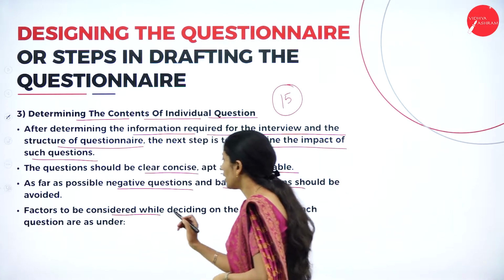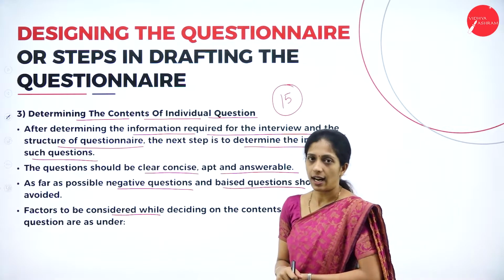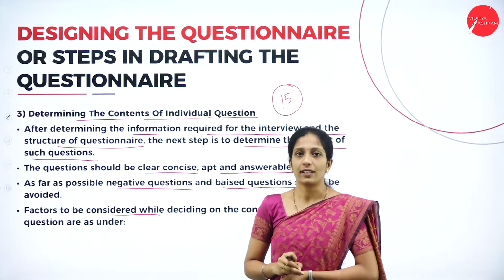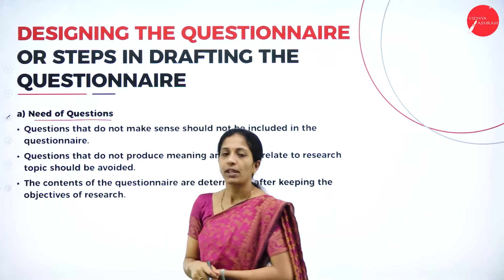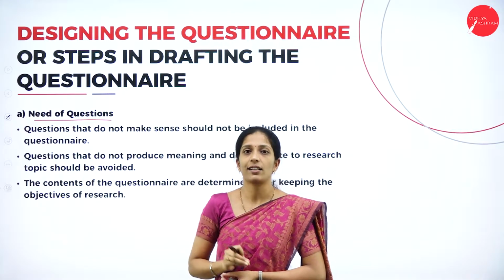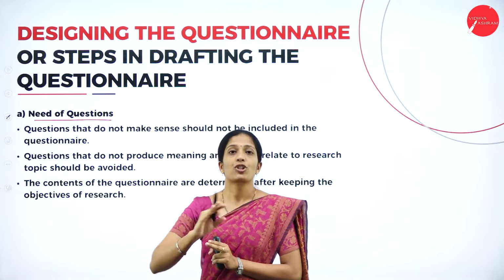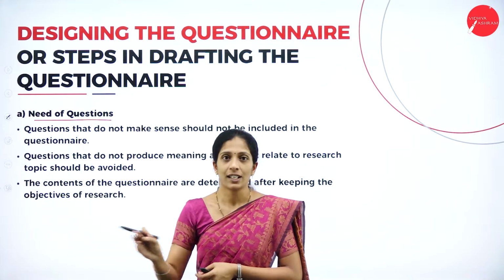Factors to be considered while deciding on the contents of each question are as under. Let us see what contents have to be included in the questionnaire. The first one is need of questions. What type of question is needed in the questionnaire? A question which does not have any value in that particular topic has to be neglected.